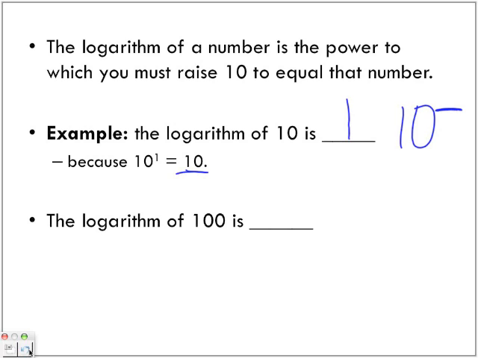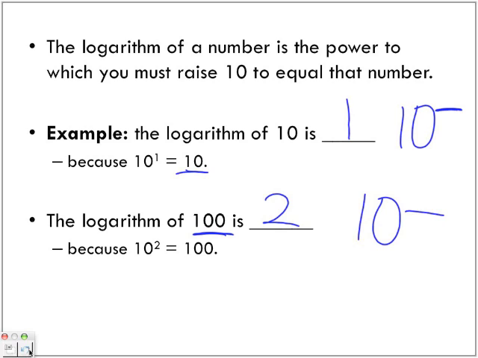The logarithm of 100 is, again, same thing. What is 10 going to be to the power of that will give me 100? 2, right? Because 10 to the power of 2 is 100. So far pretty simple, right? Nothing too fancy.